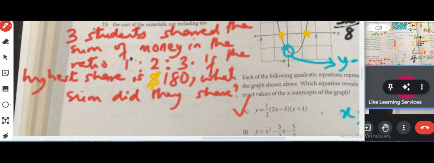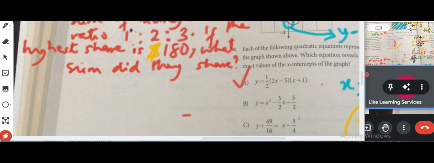This is what you can do. Something similar. This is their ratio, 1:2:3. Obviously, the one with the highest share is the one that got 3 now, isn't it? Yes. The one with the ratio 3. Alright, you can think of the sum.